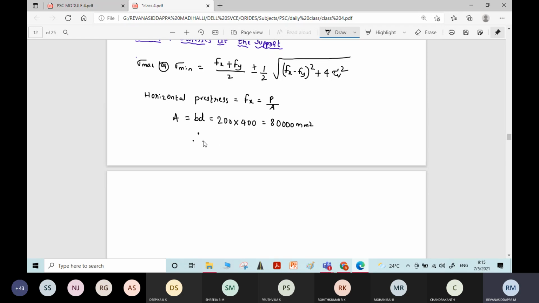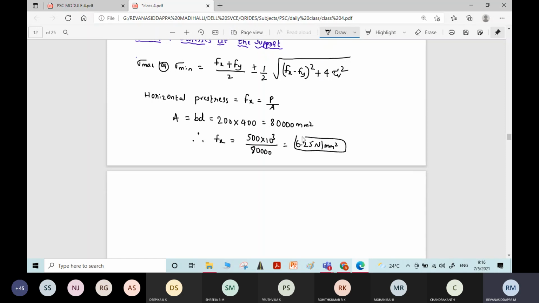Therefore, horizontal pre-stress fx is equal to 500 into 10 power 3 divided by cross-sectional area 80,000. Okay. What is horizontal pre-stress? Tell me. 6.25. 6.25 Newton per mm square.